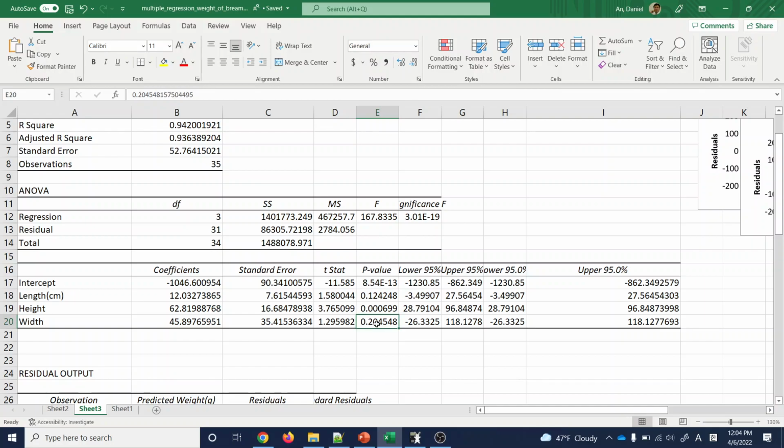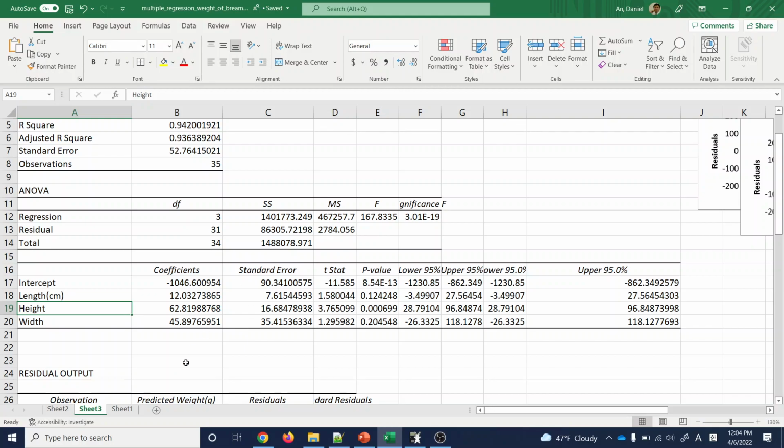So if we have our significance level at 0.05, those are not very significant, right? In fact, if you have predictors that are not very significant, you can just drop them and go with just the remaining ones, and you'll still have a very significant result.